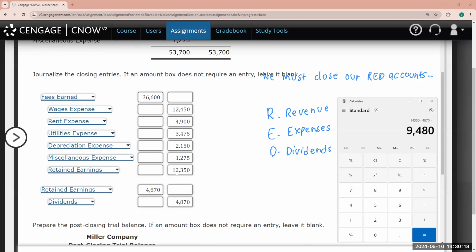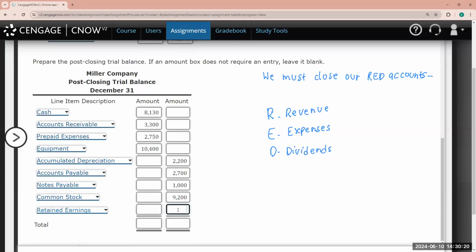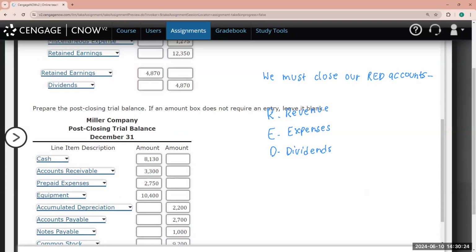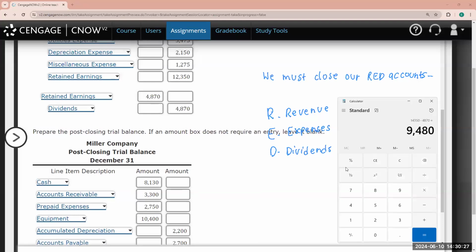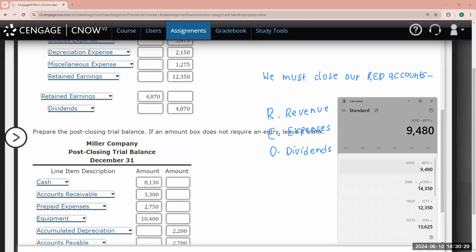And this gives us an ending balance of $9,480. So essentially what we just did is our statement of stockholders' equity. We start off with our beginning balance, which was $2,000. We added our net income and we subtracted our dividends to get our ending balance.